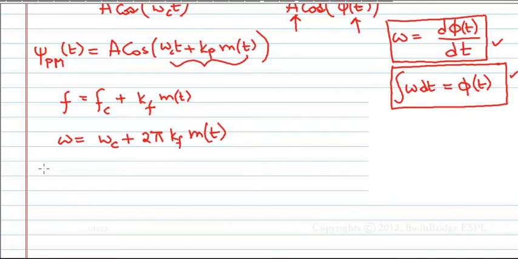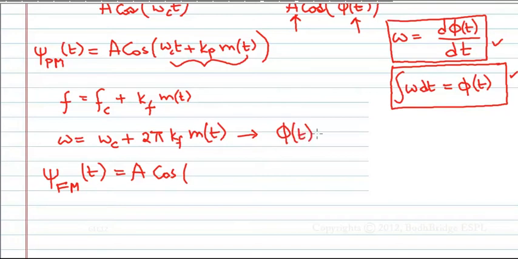We want phi fm of t, A cos of, what should we write inside? We should write the phase. For phase, use this formula: integration of frequency is nothing but phase. Integration of omega c is omega ct plus kf into integral of m of tau d tau.